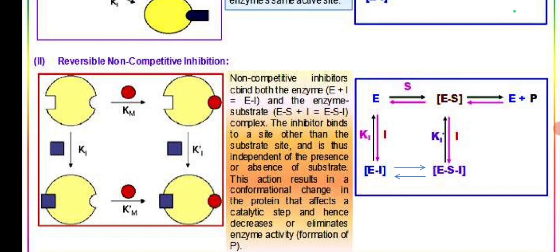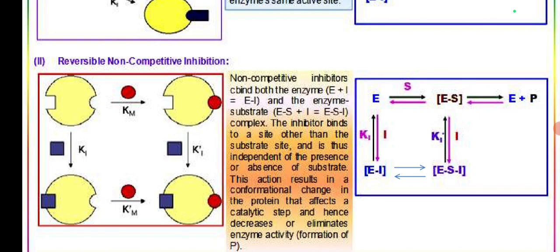The inhibitor binds to a site other than the substrate site and is thus independent of the presence or absence of substrate. This action results in a conformational change in the protein that affects the catalytic step and hence decreases or eliminates the enzyme activity.